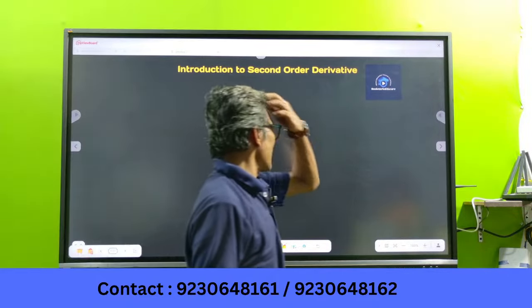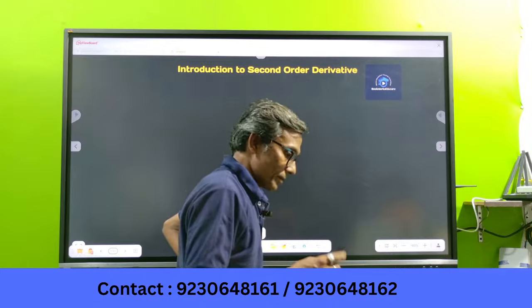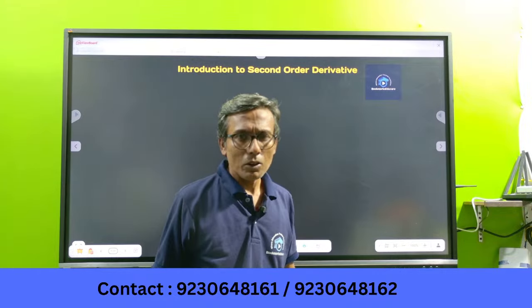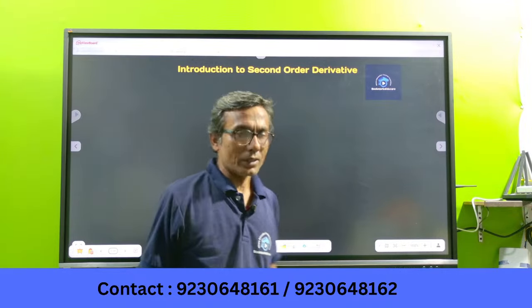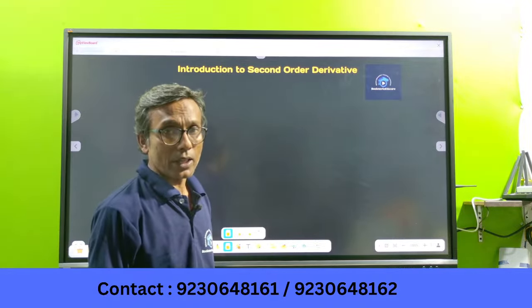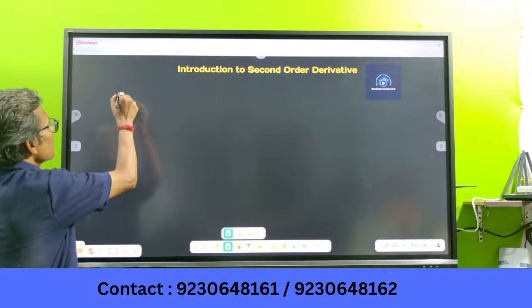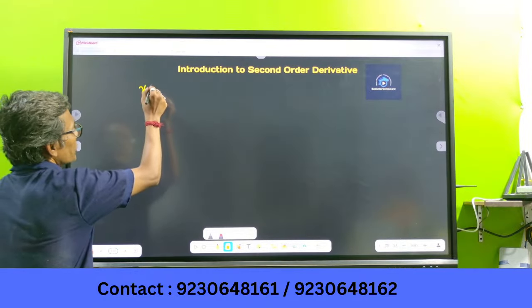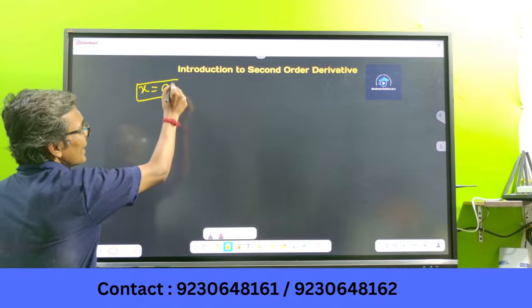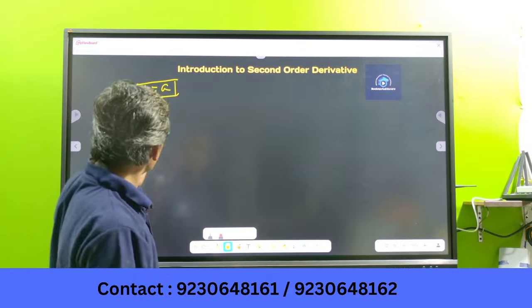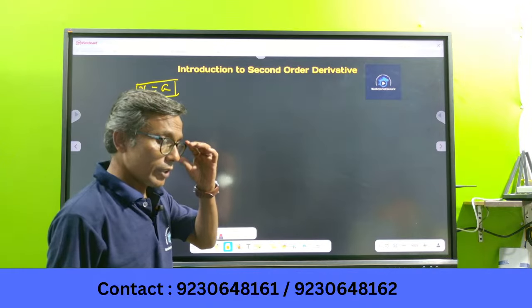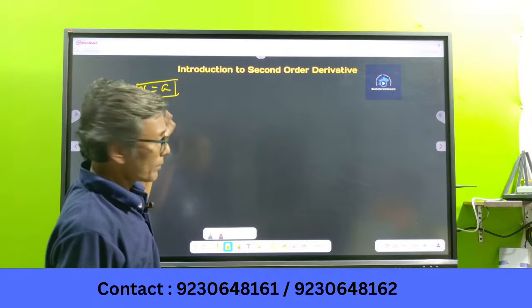Now, before going to sums, I will prove some formulas with the help of the first principle. So what was the first principle that we have learned? The first principle of differentiation at a given point. Let us assume the point be A. So we have to check differentiability or differentiation at that particular point.